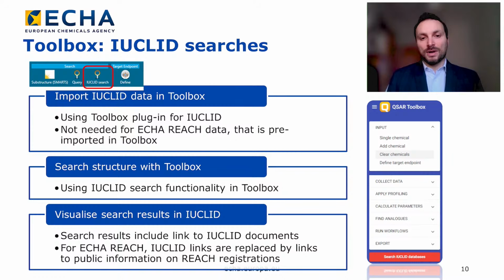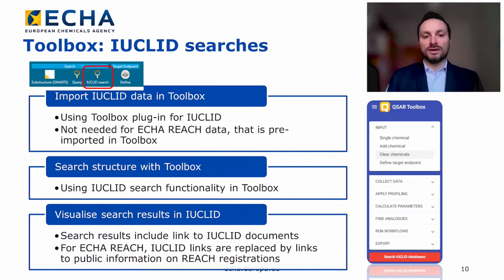Now let's talk about the IUCLID searches. As said, the starting point is to import IUCLID data in Toolbox using the Toolbox plugin for IUCLID. And remember, this step is not needed for ECHA REACH data because they come pre-imported in Toolbox when you install the software. Then you can search the structures with the Toolbox using either the web client or the classical client, and this will be the subject of my demonstration in a moment.